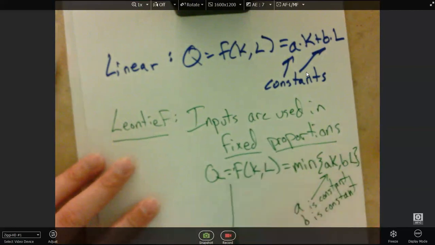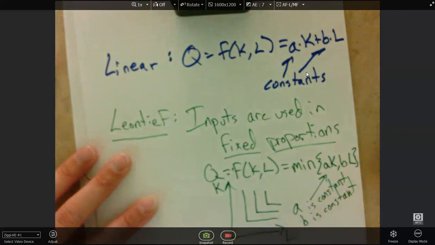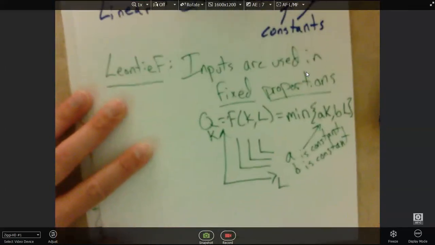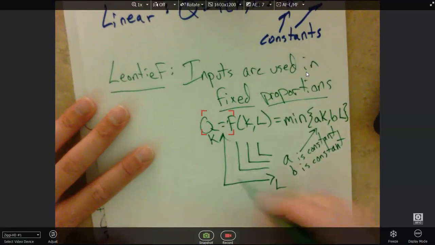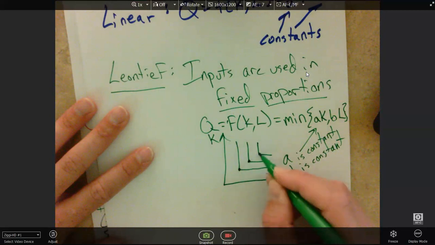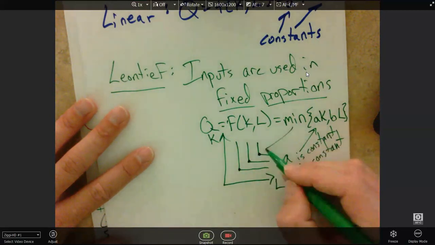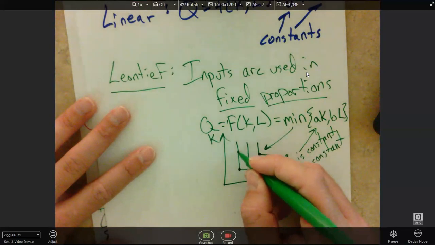I know that the Leontief functions look like L's. K and L, in terms of the production decisions, it's essentially saying you're going to produce right here always, at the minimum. Because there would be no reason to employ more capital, right?